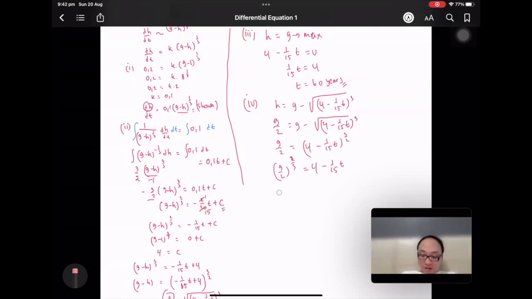So that means 1 over 15t equals 4 minus (9 over 2) to the power of 2 over 3. So t equals 4 minus the answer, and then multiplied by 15. So 19.1 years.